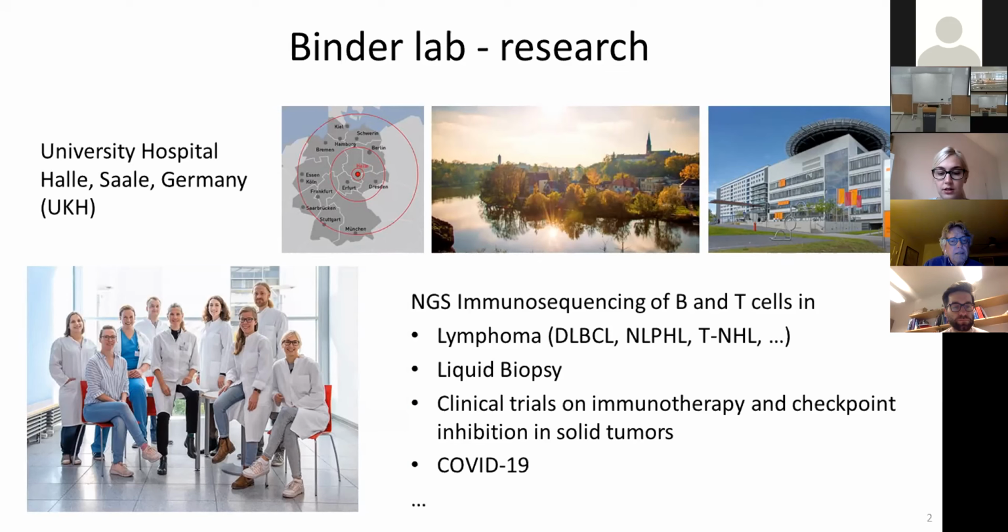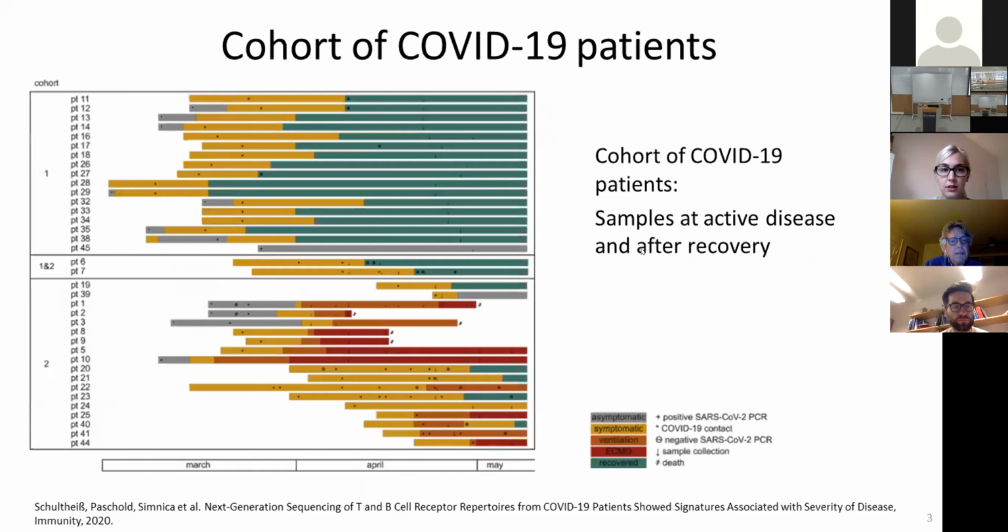We do targeted panel sequencing to identify driver mutations and to track tumor load in liquid biopsy. Our focus is the immunosequencing on B and T cells. And today I'm going to show you what we did on COVID-19, which is our newest field of interest.